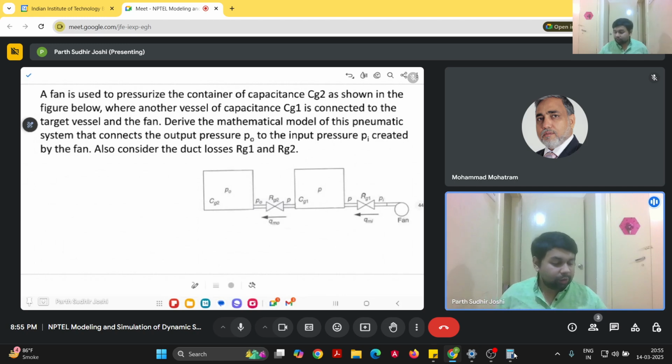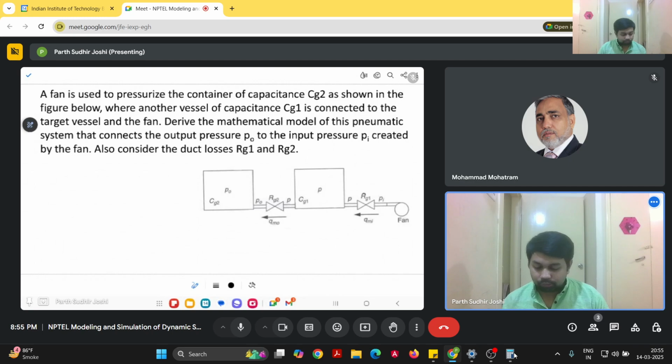Now, similar to the hydraulic system, we can apply the same kind of approach as when we derived the hydraulic resistance. We consider the pneumatic resistance here. We have two valves, or duct losses, RG1 and RG2, which we can model as pneumatic resistances.